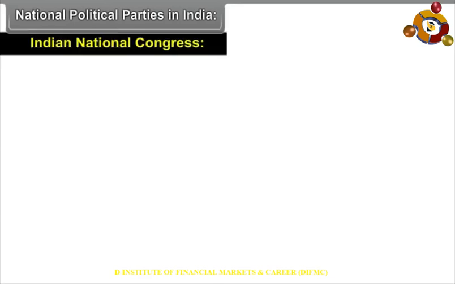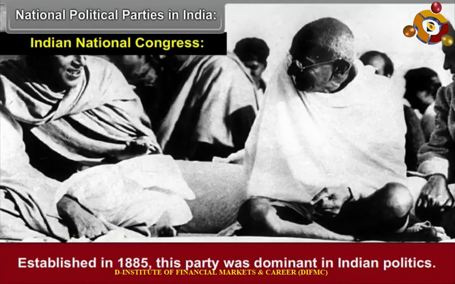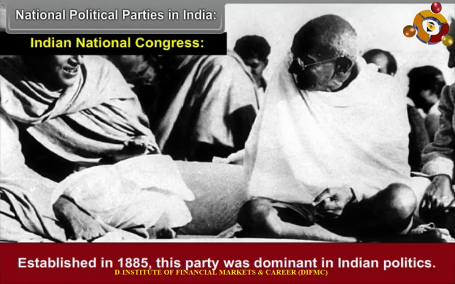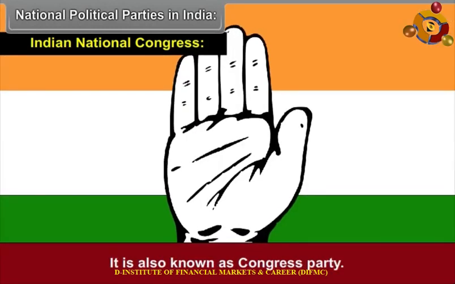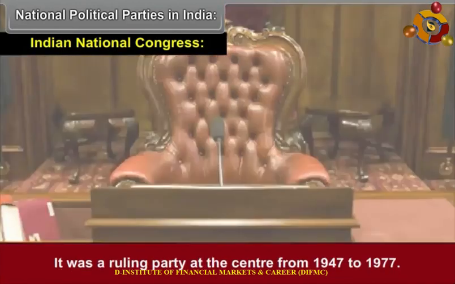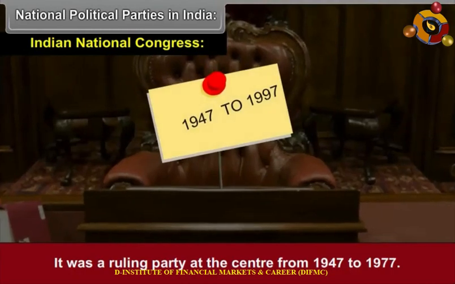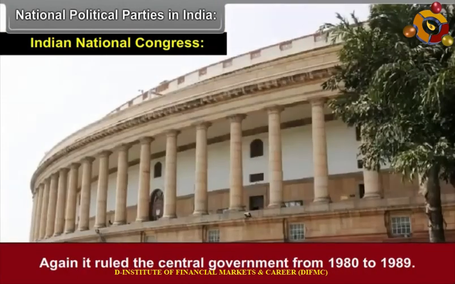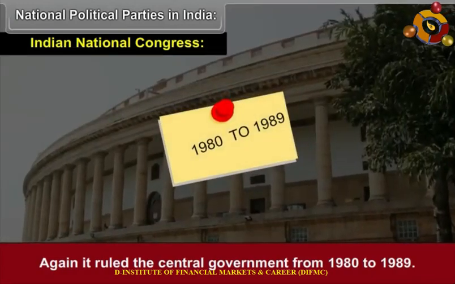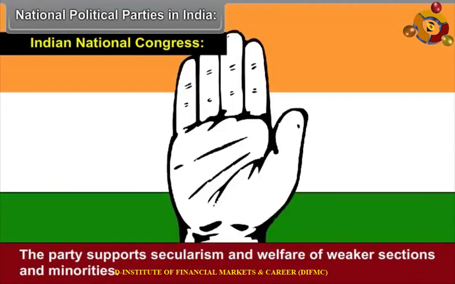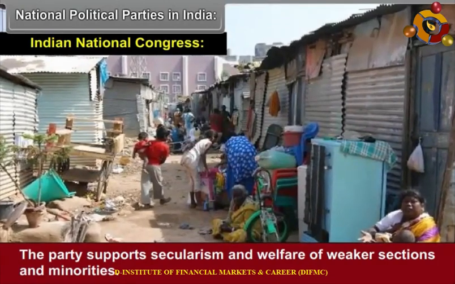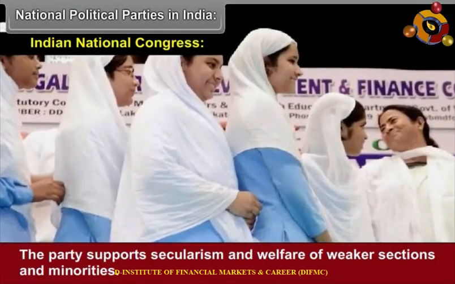Indian National Congress. Established in 1885, this party was dominant in Indian politics. It is also known as the Congress Party. It was the ruling party at the centre from 1947 to 1977. Again, it ruled the central government from 1980 to 1989. The party supports secularism and welfare of weaker sections and minorities.